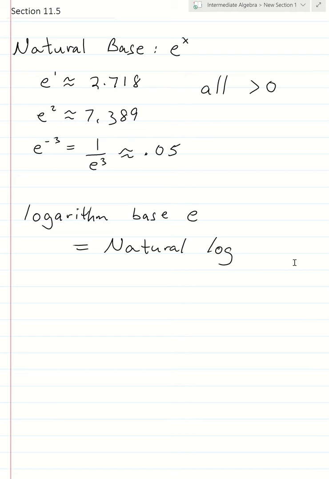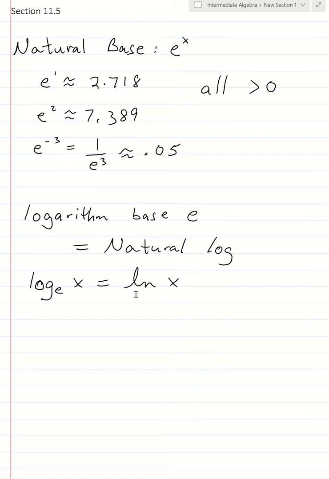And so there's an abbreviation for it. We could write log base e of some number x. But mathematicians, you know how they are. They love their symbolic ways of writing abbreviations. So instead of writing log base e of x, they simply wrote ln of x.